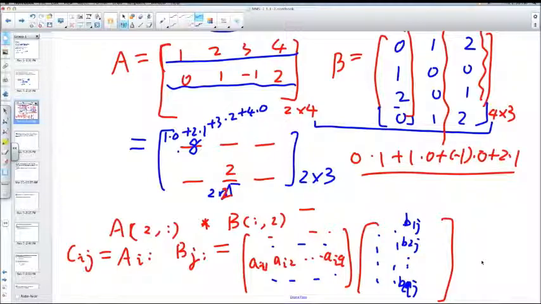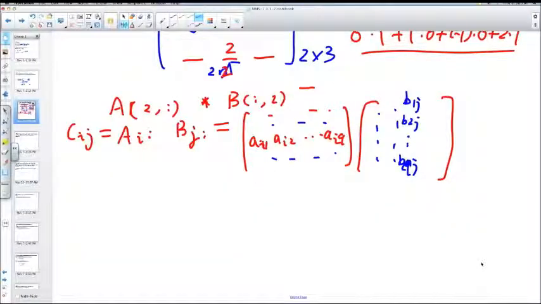So the result, let me get a little bit more paper. Here you go. And then the result is the dot product, Ai dot Bj, you learned the dot product.